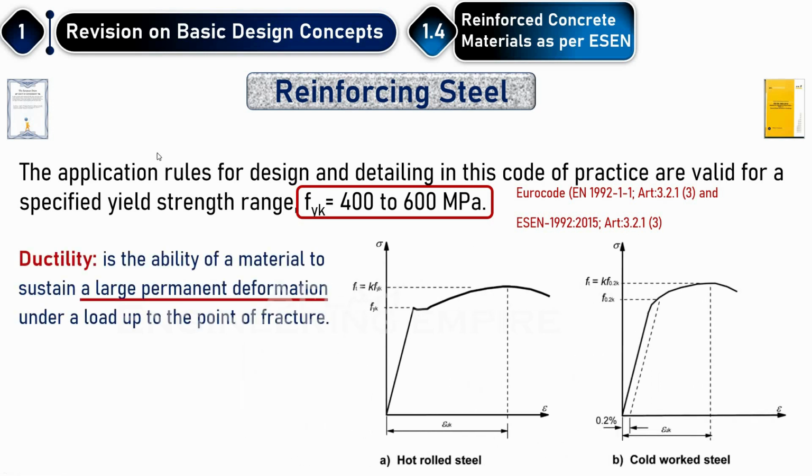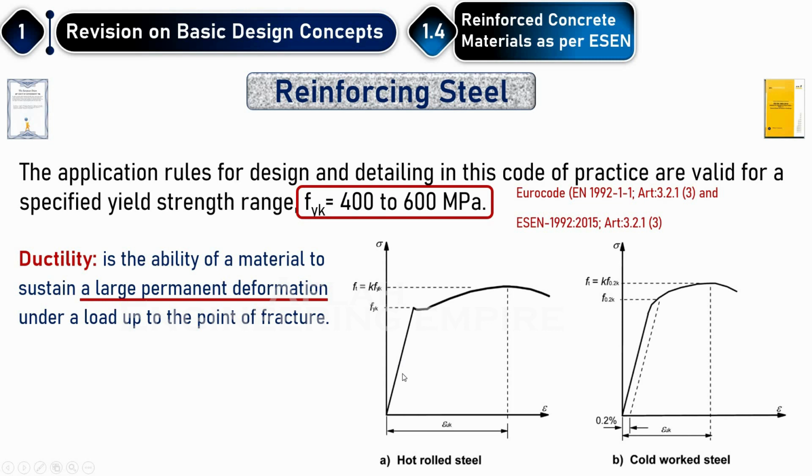There is a very important point that you should consider. We talked about ductility in the previous slides. What is ductility? It is the ability of a material to sustain a large permanent deformation after the yielding, until fracturing.